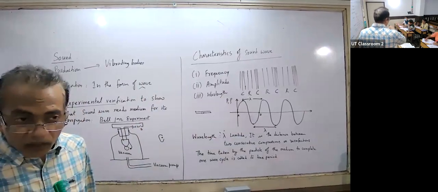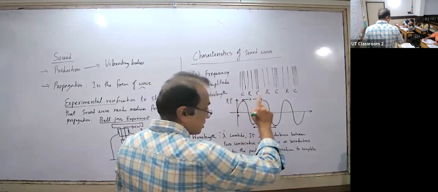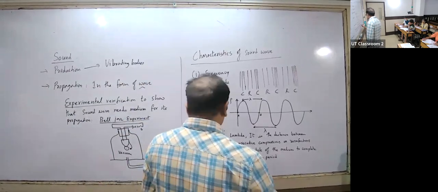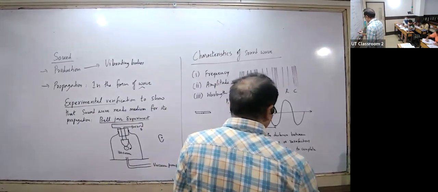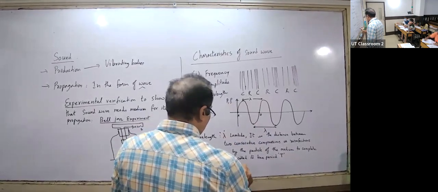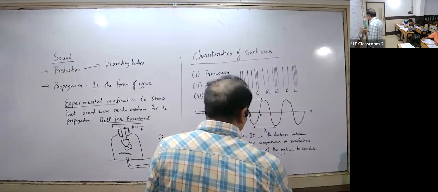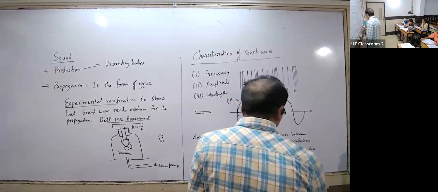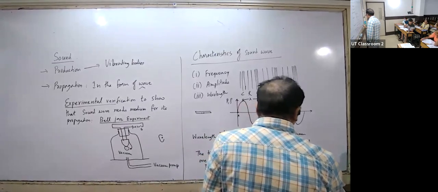So for the particle to complete one cycle, or the wave to travel distance lambda, the time taken is called time period and it is denoted by the symbol capital T. It is also the time taken by the wave to travel one wavelength.